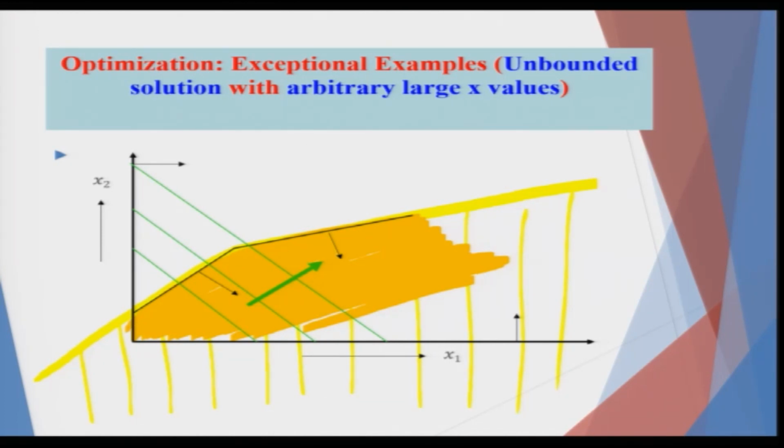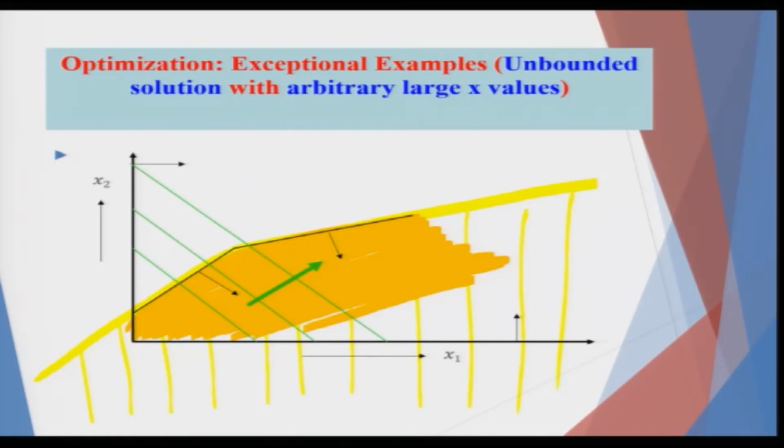Now, consider the maximization problem. If you place the objective function and where it cuts, I did not draw it, but if you use a simple Excel sheet, you will be able to do that. The green lines are the objective function, and as it is a maximization problem, it will start moving away from 0 into the first quadrant.